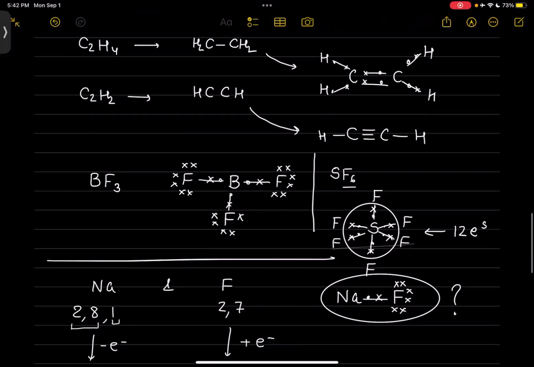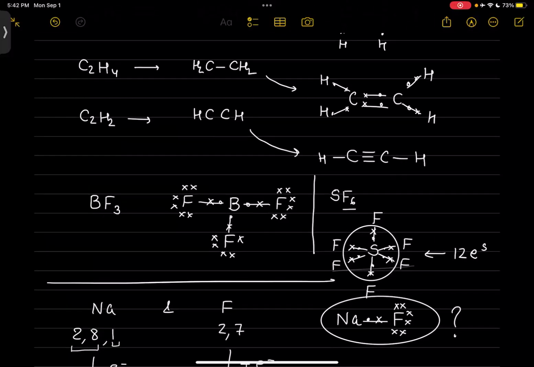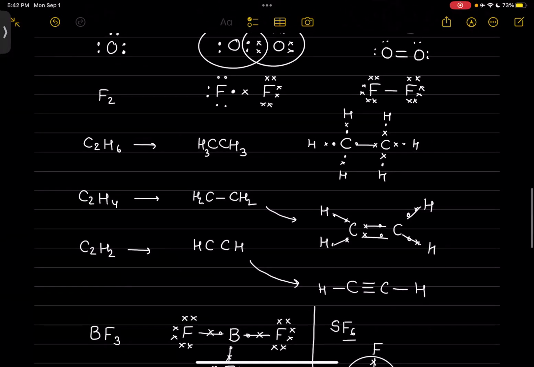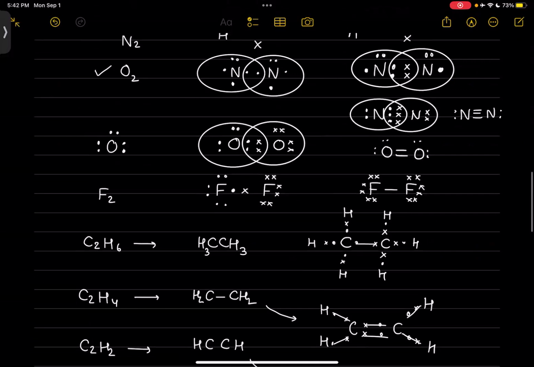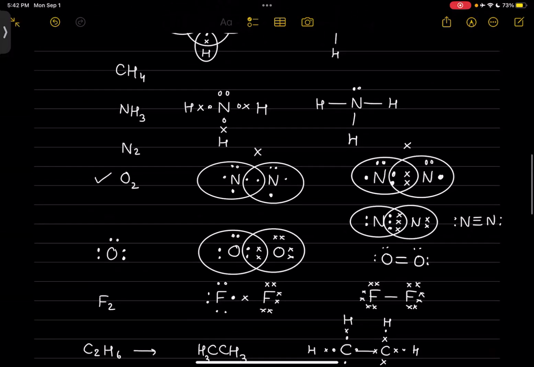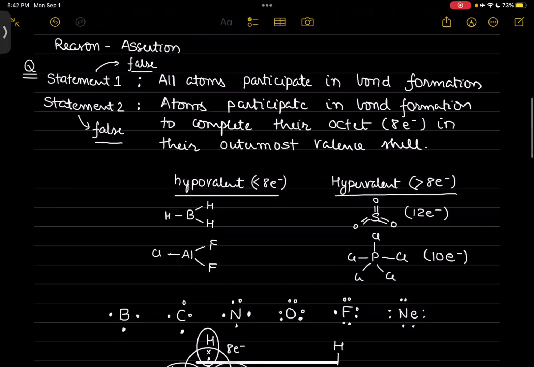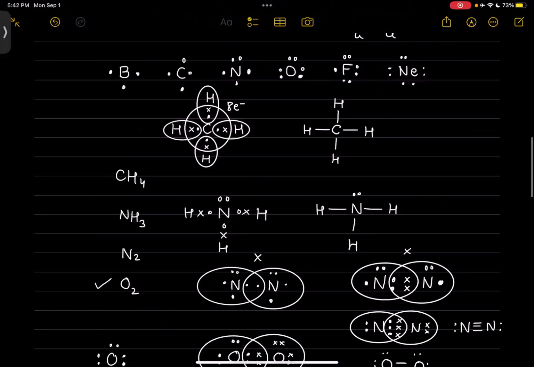Actually, molecules try to complete their octet. Valence electrons are represented by dots, and if there are two non-metals, they will try to overlap their dots to complete their octet, 8 electrons, and they will form a bond through covalent bond. That's what we had seen.